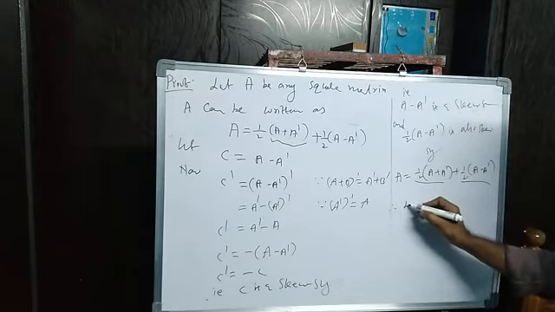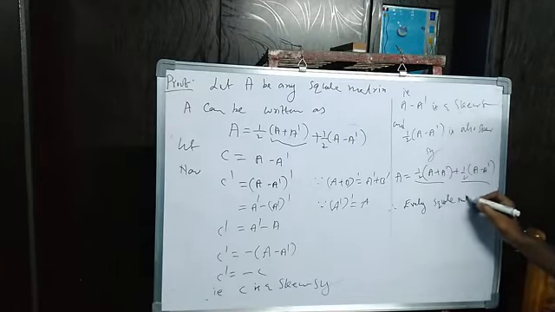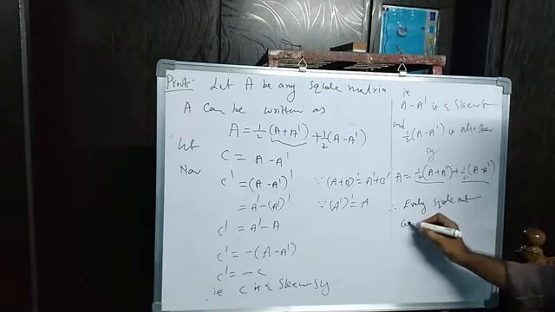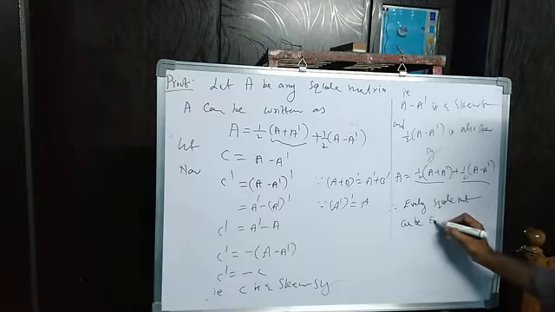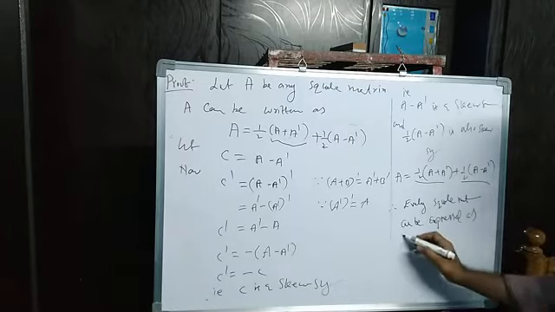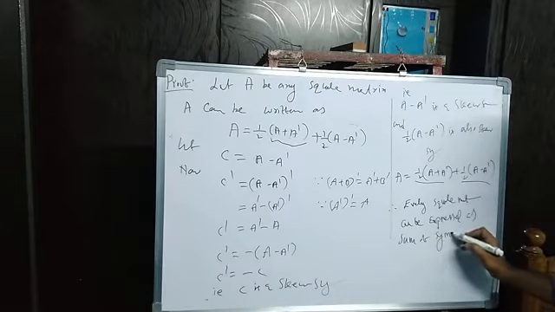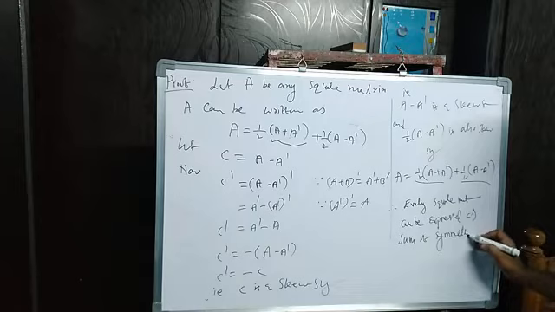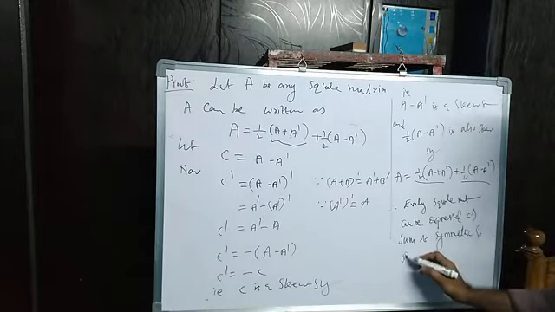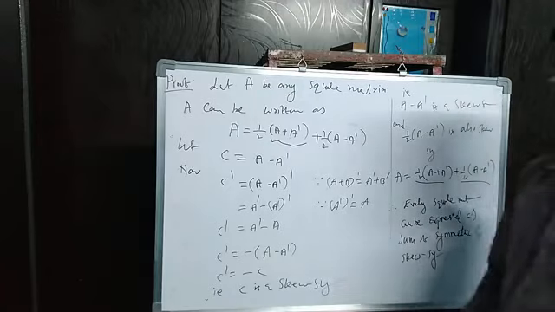Therefore, every square matrix can be expressed as sum of symmetric and skew symmetric matrix. Okay, it is the theorem.